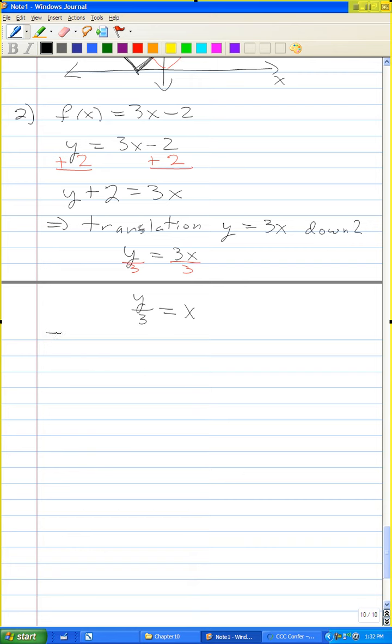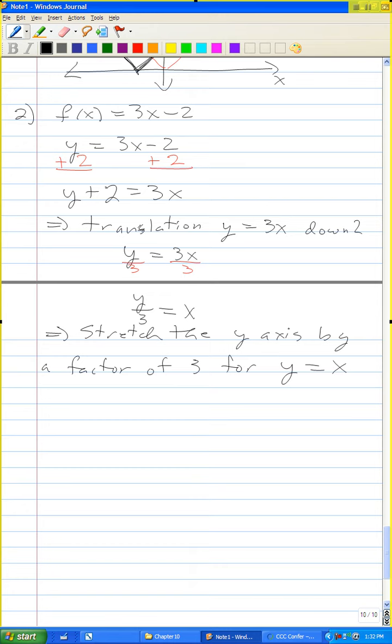So this is going to be a scaling. So I'm going to stretch the y-axis by a factor of 3 for the curve y equaling x.